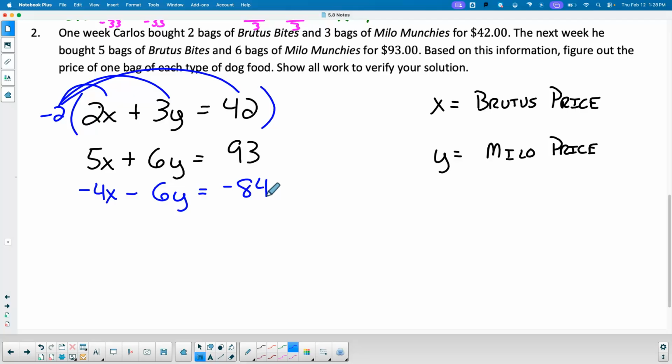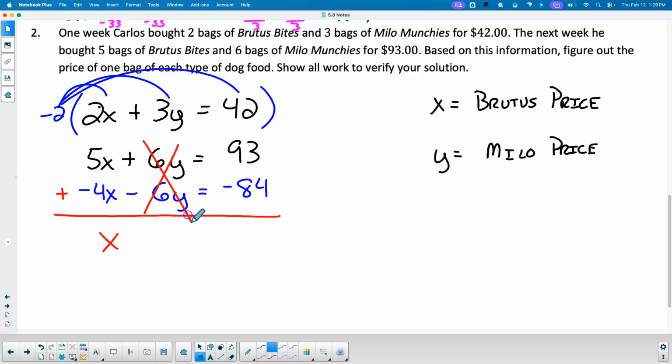Now I've got the same number on the same variable, one positive, one negative. Okay? Step number 2 said what? Add those two equations together, right? 5 plus negative 4, 1x.